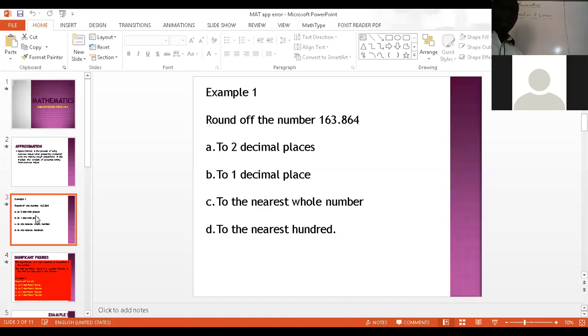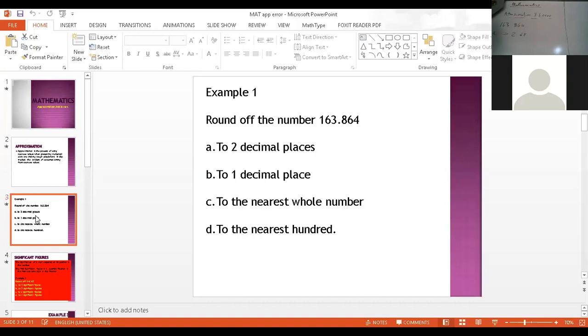Now, question A says you should round that number to 2 decimal places. When you hear the words 2 decimal places, it means the numbers after the decimal point are what you will deal with. So we round 163.864 to 2 decimal places.